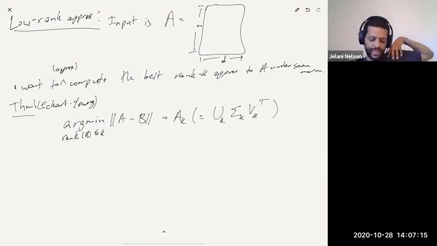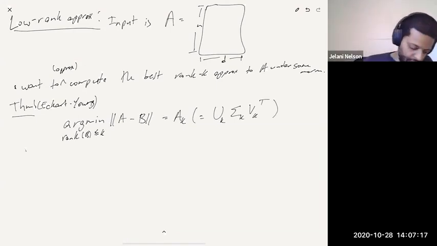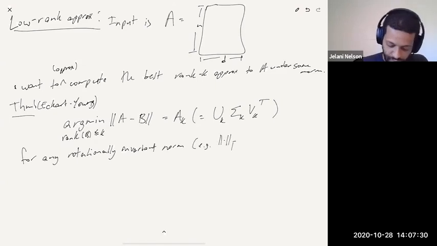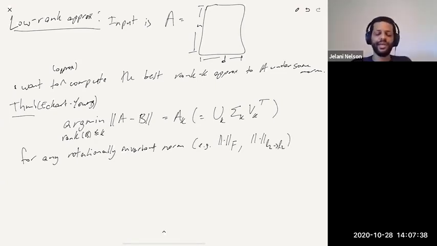I'll say what that means in a second. This holds for any rotationally invariant norm, for example the Frobenius norm or the L2 to L2 operator norm, the operator norm that we usually talk about. And what are U_K, sigma_K and V_K?